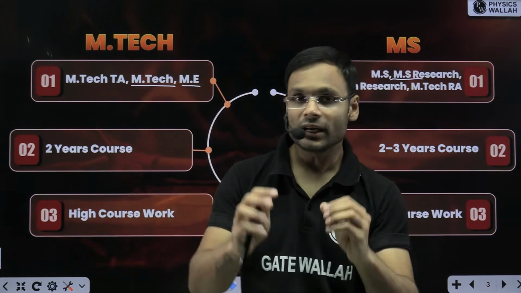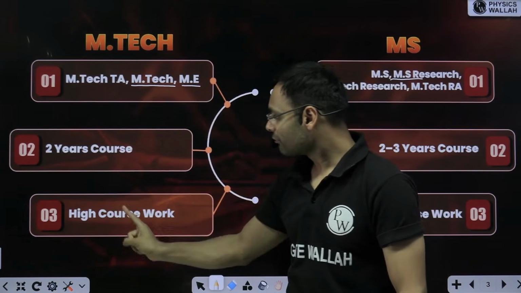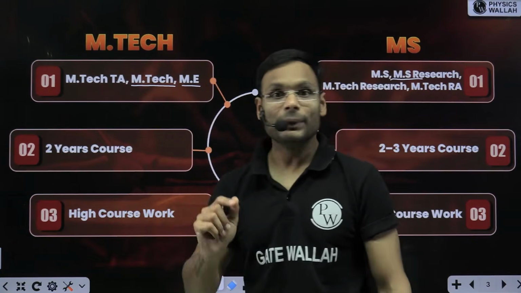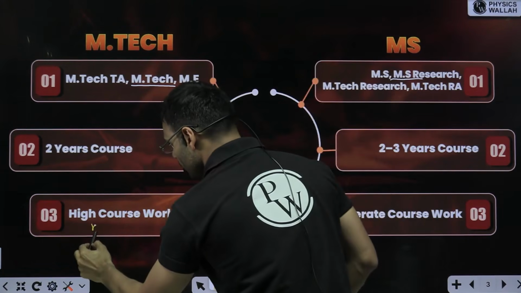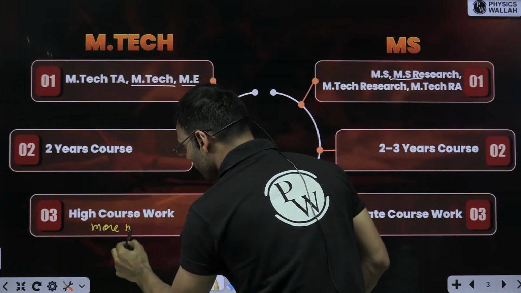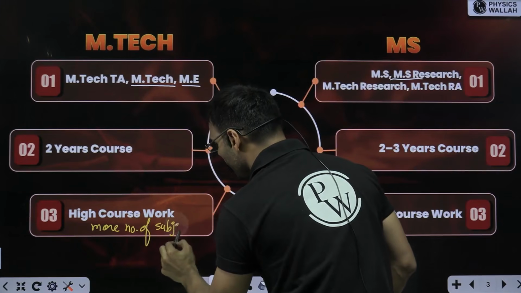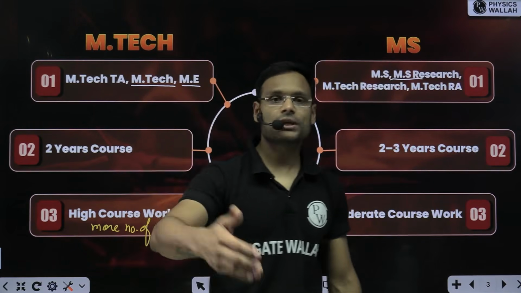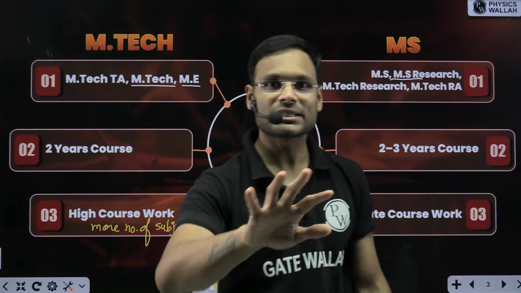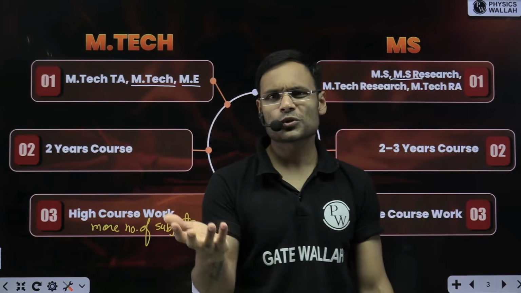Now, what is the basic difference in the curriculum? Here, the MTech will have high coursework, meaning you need to study more subjects. You will have to study more subjects in the MTech course. In IISc, it is 10 subjects, minimum 10 subjects. I guess it is the same now also. In IIT Bombay, I guess 12 or 13 subjects.